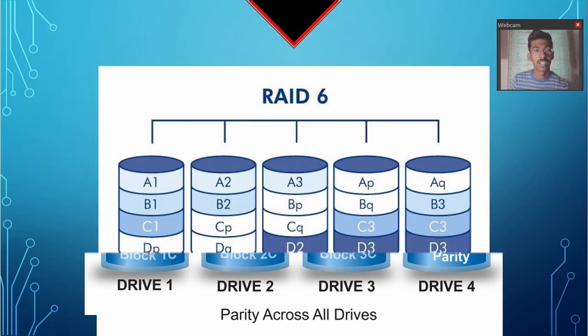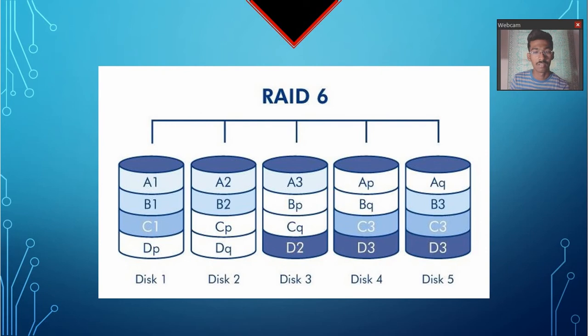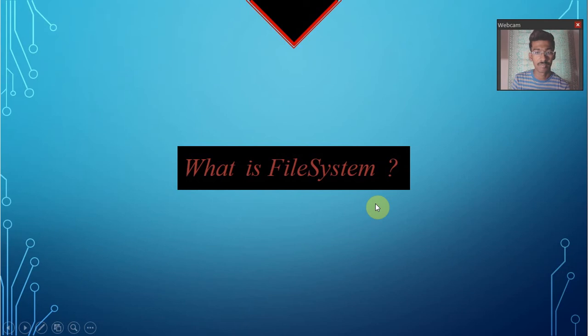In RAID 6, we have five drives. In this RAID 6, a few drives are given for parity, and a few drives are given for storing data.